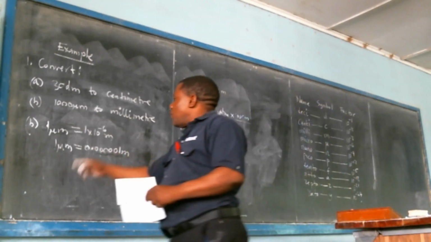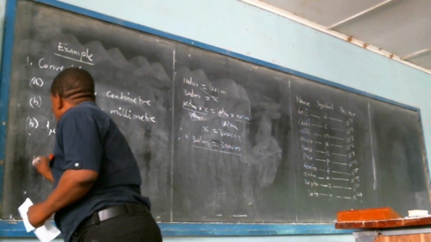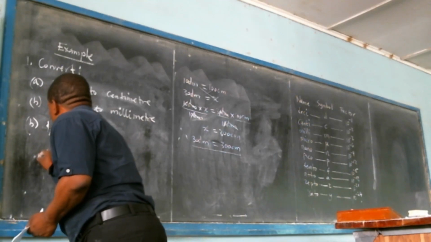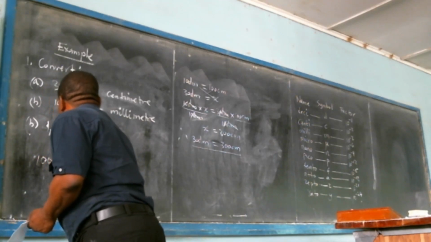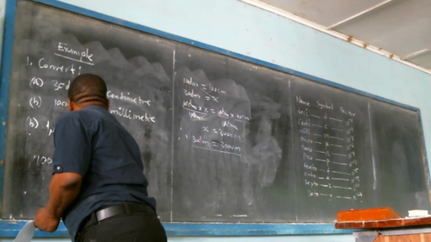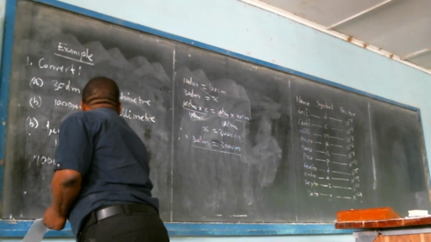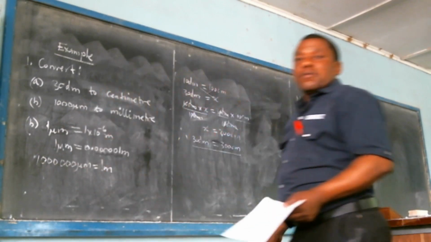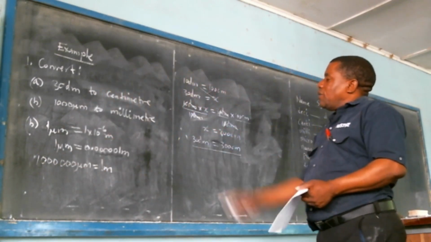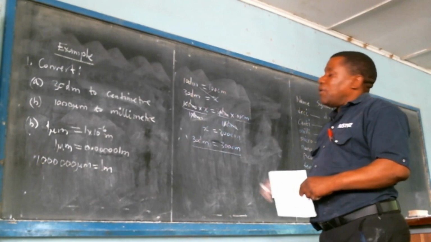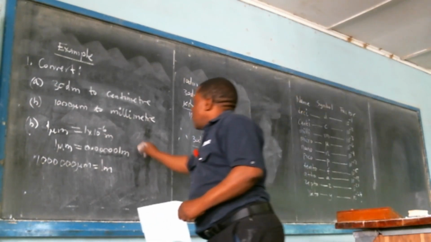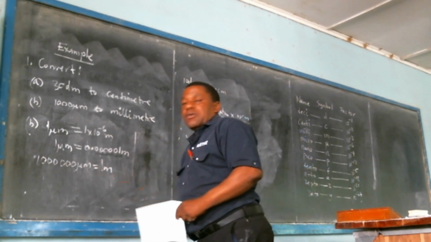So we multiply by 1 million here and here. With this we are now comfortable. We can say 1 million micrometers gives us a meter. Therefore, we are done with a standard scale for micro to meter.